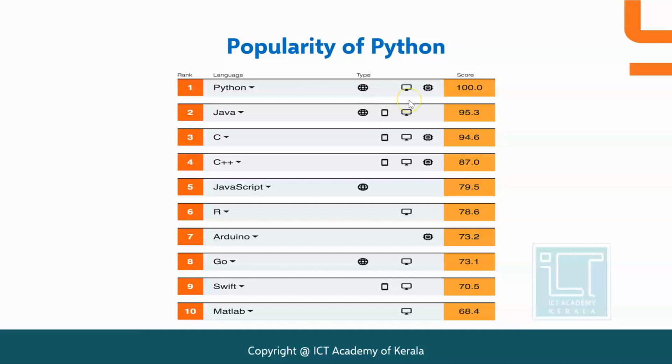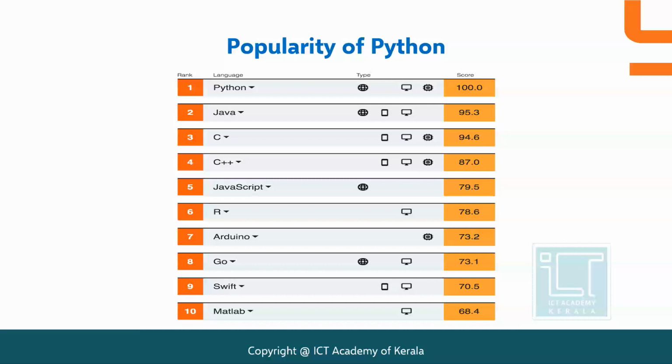And the next one means you can use it for desktop application development, and the third symbol means you can use it for building embedded applications. So Python can be used for developing web applications, desktop applications, as well as embedded applications.